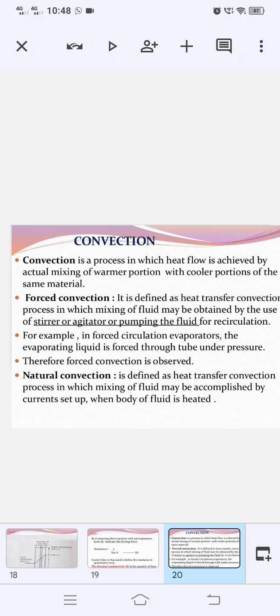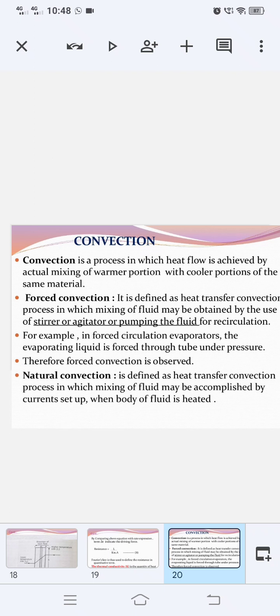This is known as forced convection, because it is not taking place naturally; we are using mechanical means. For example, in forced circulation evaporators, the evaporating liquid is forced through the tube under pressure. Therefore, forced convection is observed.